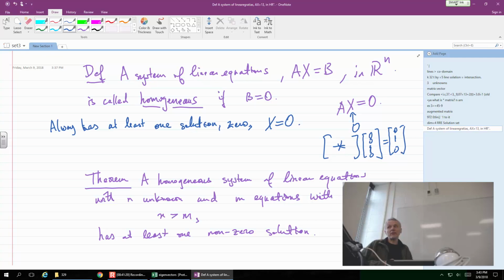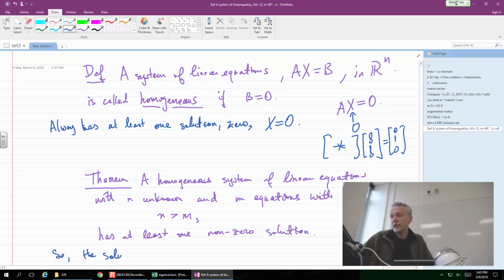Okay, but it is considered an uninteresting solution exactly because it's always there. And then when is there another one that is not the 0 solution? And that condition is very simple. You should have more unknowns than equations. Okay, so then there will be at least one non-zero solution. So can you tell me specifically what this means?